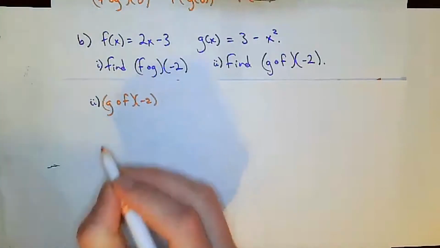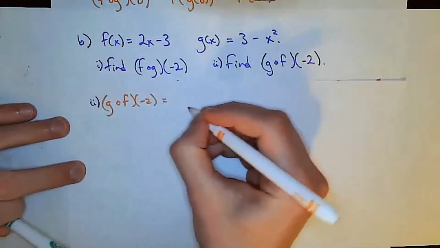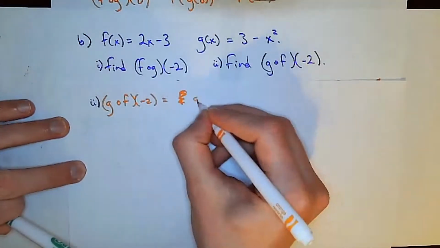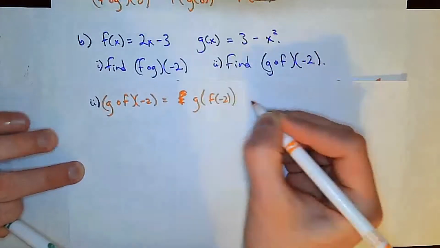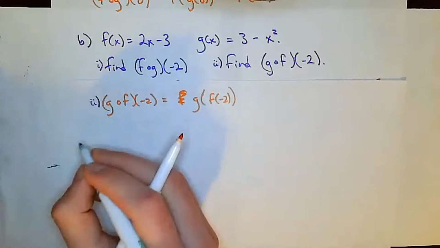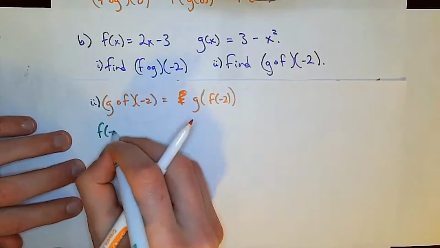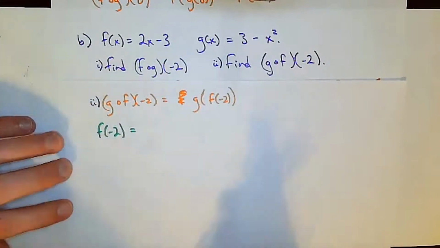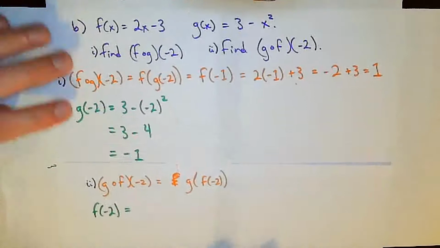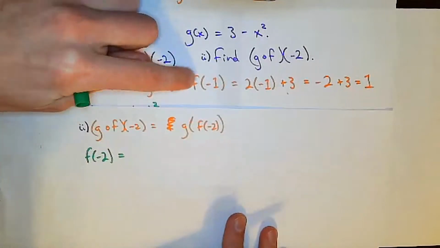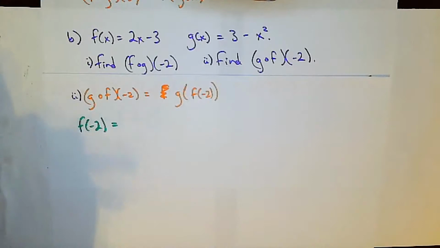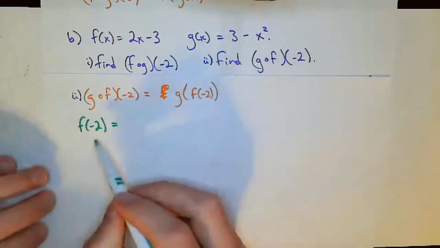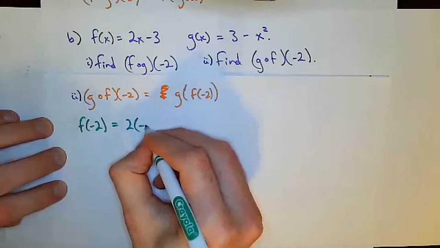First, let me write what the definition of this is. It's g of f at -2. So off on the side, I'm going to figure out what f of -2 is. Do I have that from my previous problem? No, I have f at -1. No such luck. So I've got to do it manually, not just by looking at the previous problem.